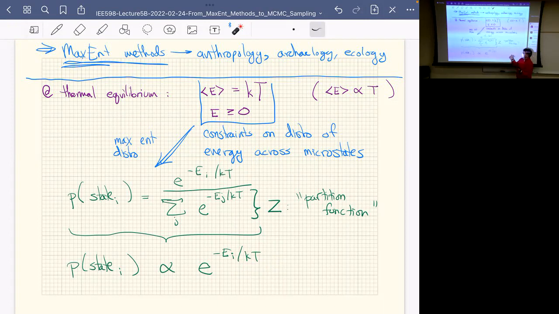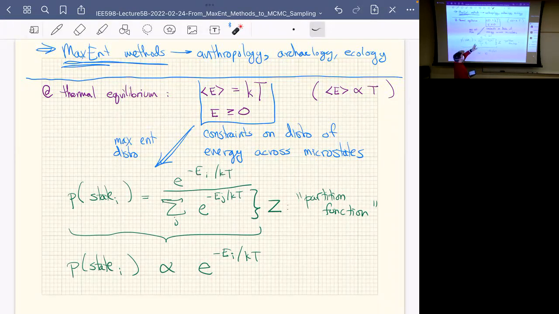If Ei is much greater than kT, then this number is going to be very low. If Ei is much less than kT, then this number is going to be very high. So this allows you to turn energies into probabilities of making these jumps.